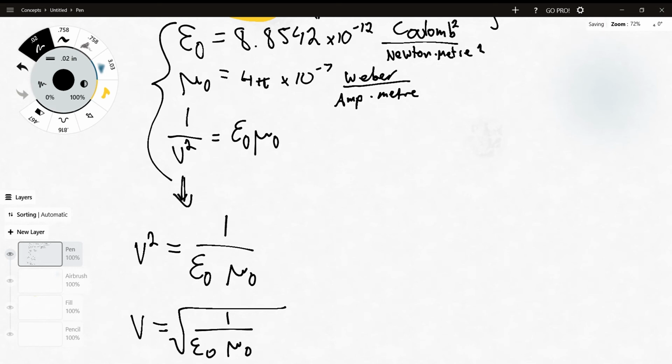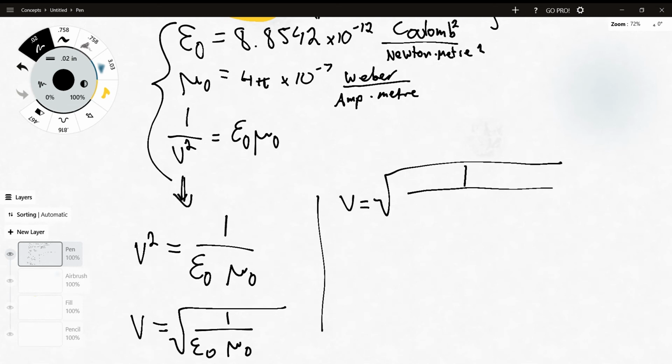Now, subbing in our values, we find that v is equal to the square root of 1 over 8.852 times 10 to the negative 12 times 4 pi times 10 to the negative 7.